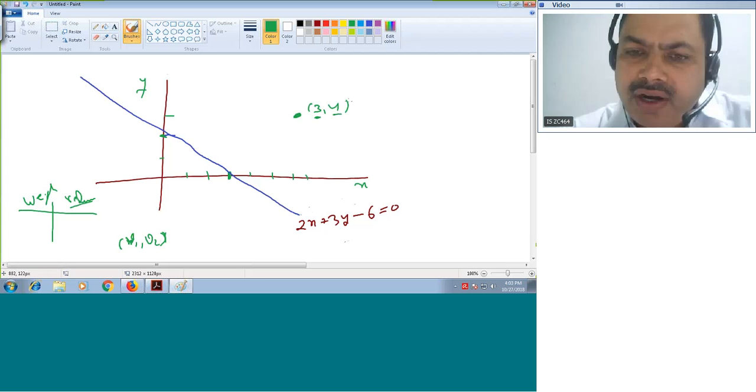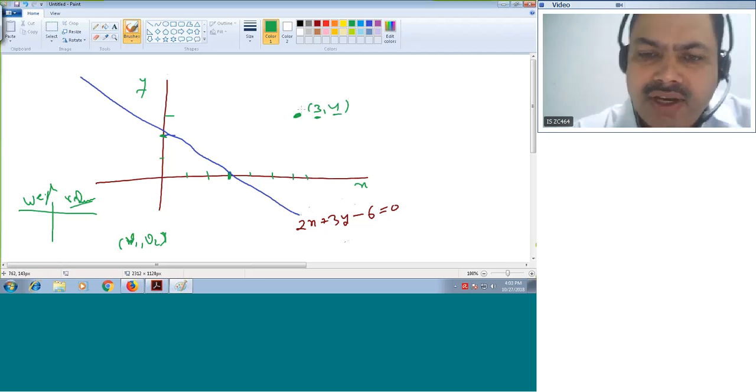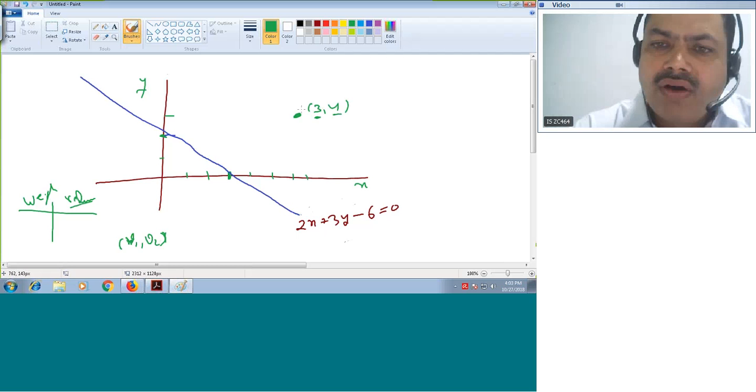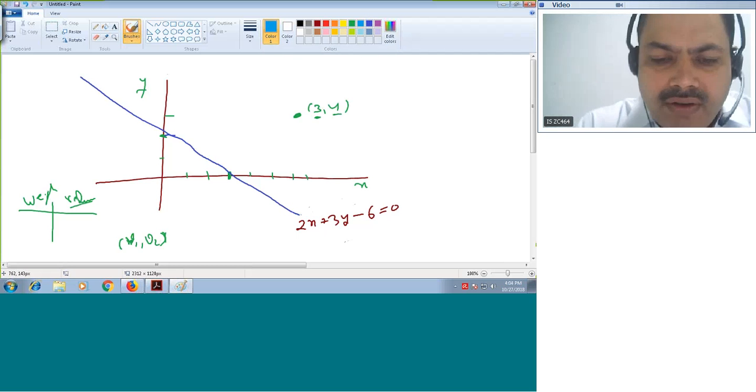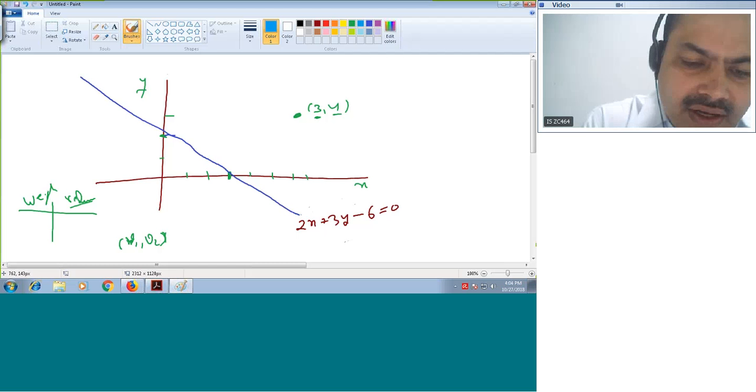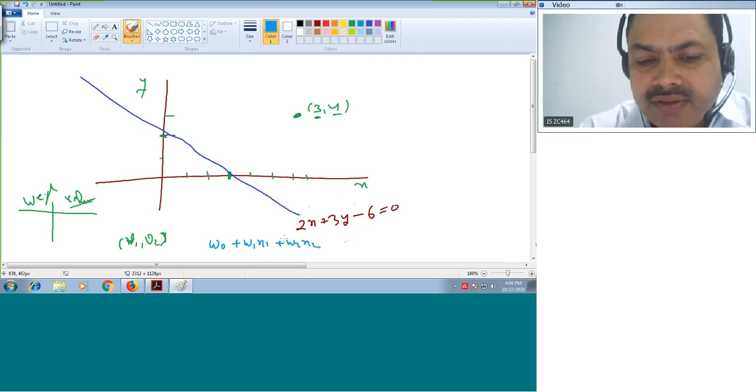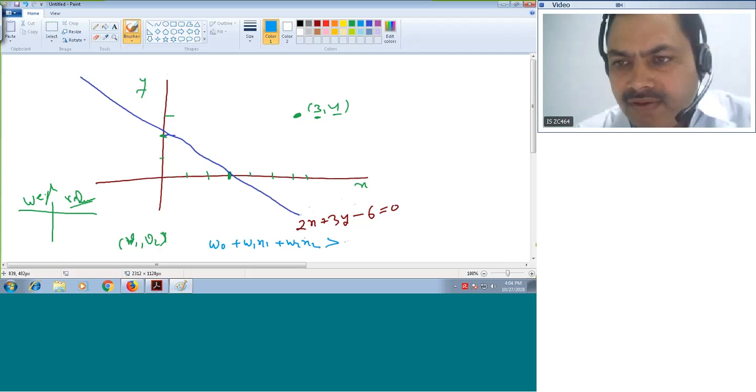If I want to find out what is the classification for this, you recall what our method was. Our method was that we were using parameters w0 plus w1 x1 plus w2 x2, and we want to find out what is the sign of this particular item. If the sign is greater than 0, then it's positive, otherwise it's negative.